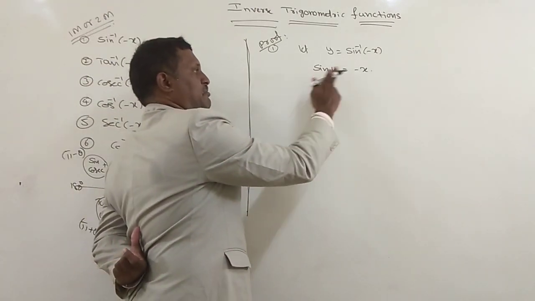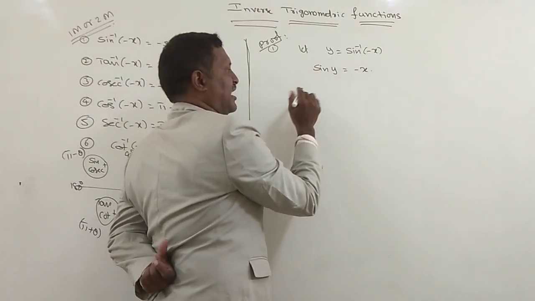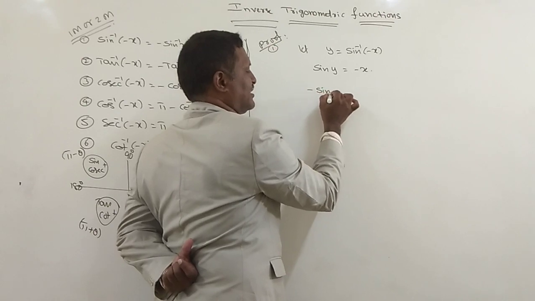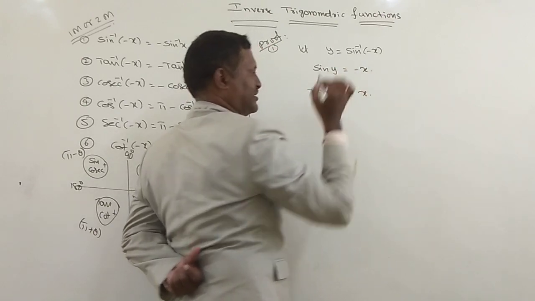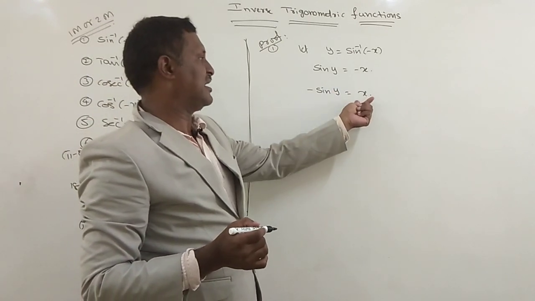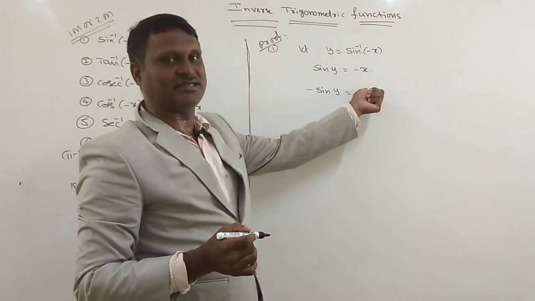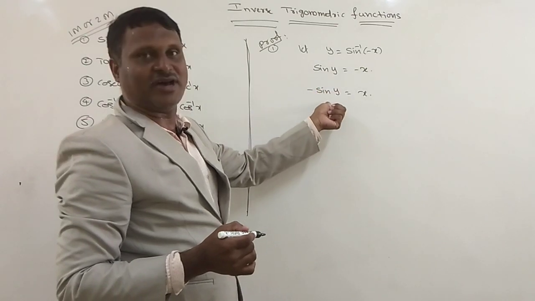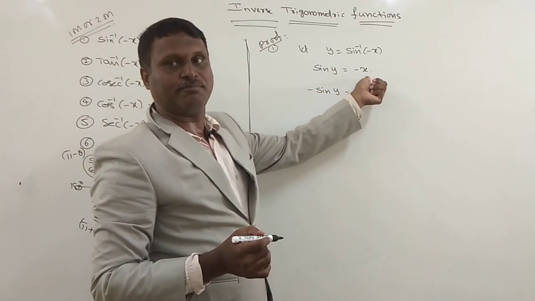If you multiply by minus sign on both the sides, then you will get minus sine y is equal to x. Minus into minus becomes plus x.